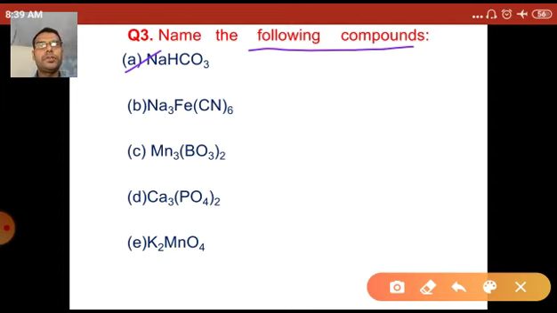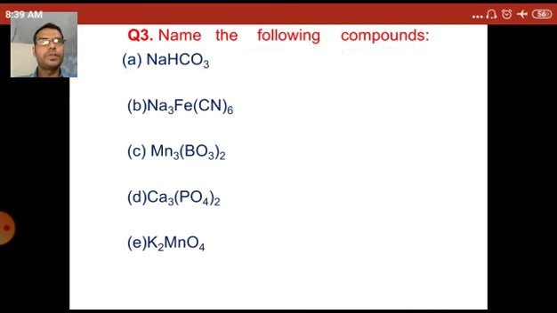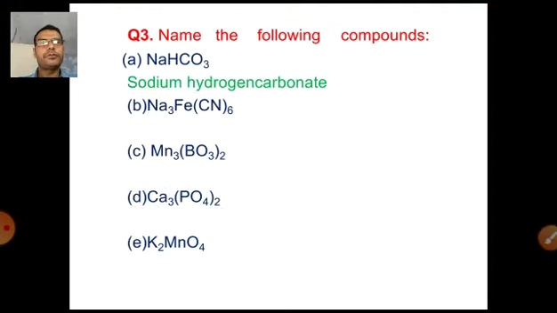When we observe this formula, two ions combine to form NaHCO3. Number 1, Na plus cation, and second, the HCO3 minus. Na is called sodium, and HCO3 is called hydrogen carbonate or bicarbonate. So the name of this compound is sodium hydrogen carbonate.